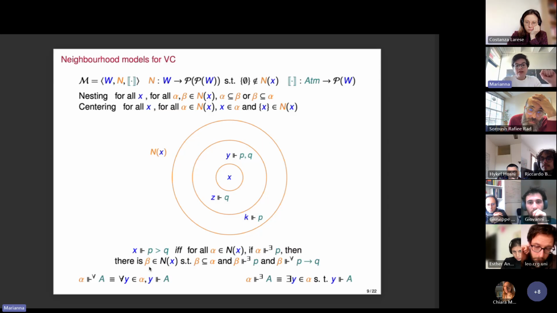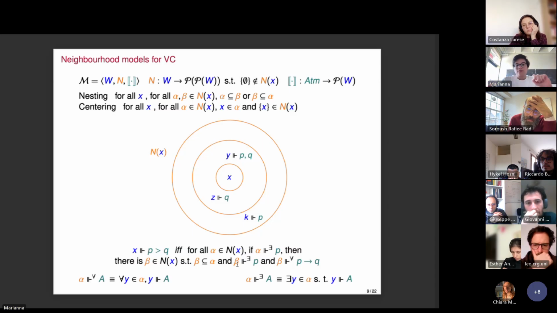then there needs to be a neighborhood beta, such that beta is included in alpha, and such that beta also existentially satisfies P, so beta contains a world satisfying P, and moreover, beta universally satisfies P implies Q, and this is the material implication.